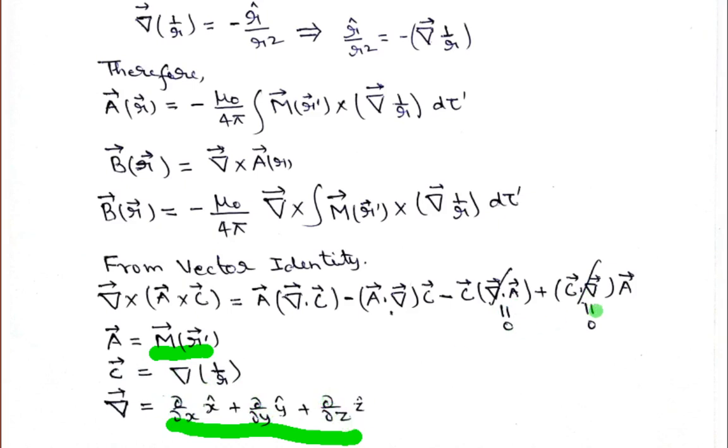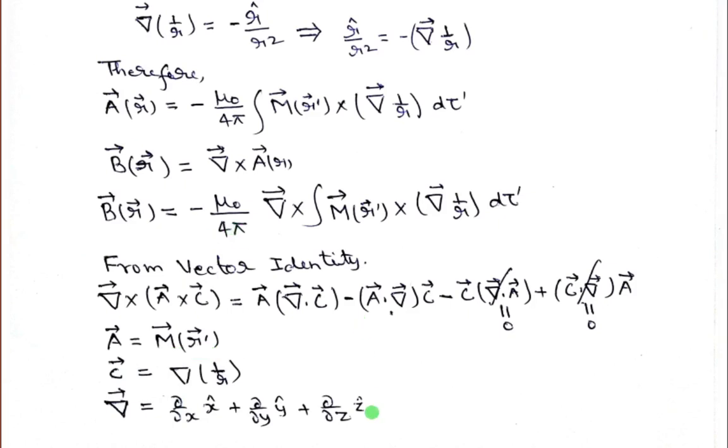Now if you operate this on vector a, which is a function of x prime, y prime, z prime, and again this is del upon del x, del upon del y, del upon del z, this will again give you 0. I think I have done this calculation on the next page.